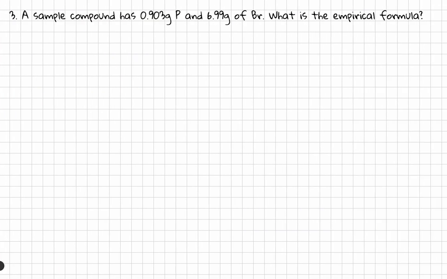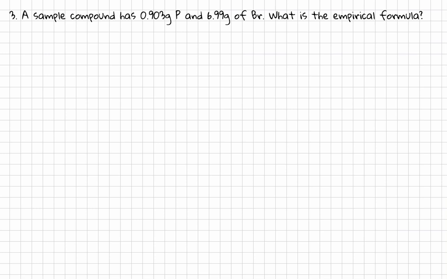Next problem is a sample compound has 0.903 grams of phosphorus, and 6.99 grams of bromine. What is the empirical formula? Similar situation.